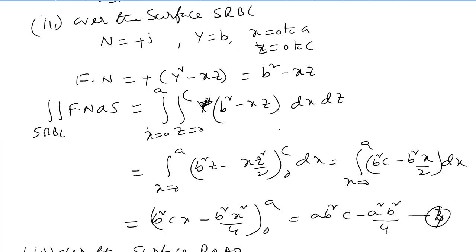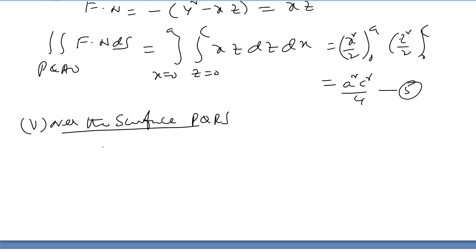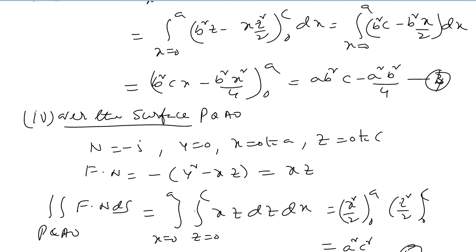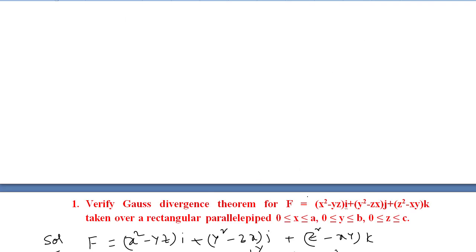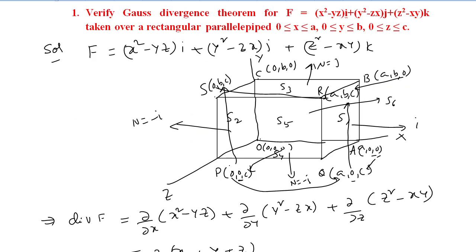Same procedure, n equals k, x is 0 to a, y is 0 to b, z equals c. Now check it. Here z is c. Along x-axis 0 to a, along y-axis 0 to b. Then find f dot n.